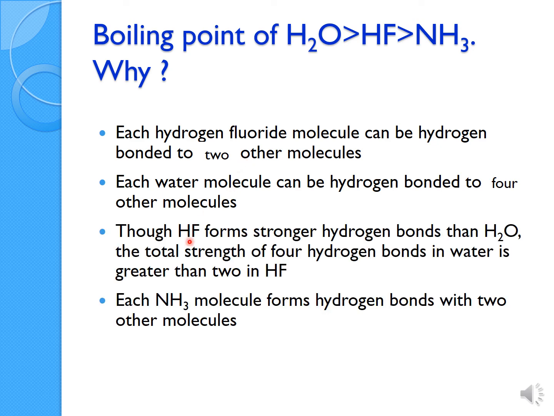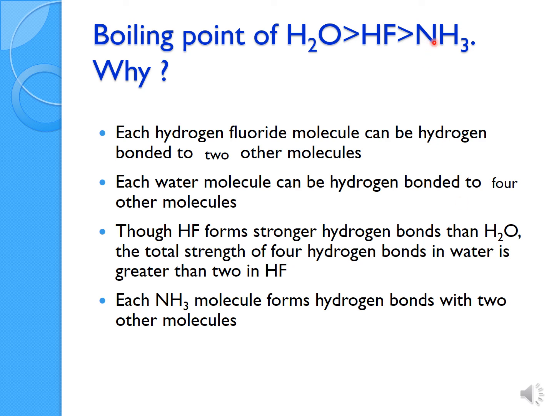So though HF forms stronger hydrogen bonds than water, the total strength of the four hydrogen bonds in water is greater than the two hydrogen bonds in HF. That is why water has a higher boiling point than hydrogen fluoride. And if you consider NH3, each NH3 molecule forms hydrogen bonds with only two other molecules, so the boiling point of ammonia will be less.